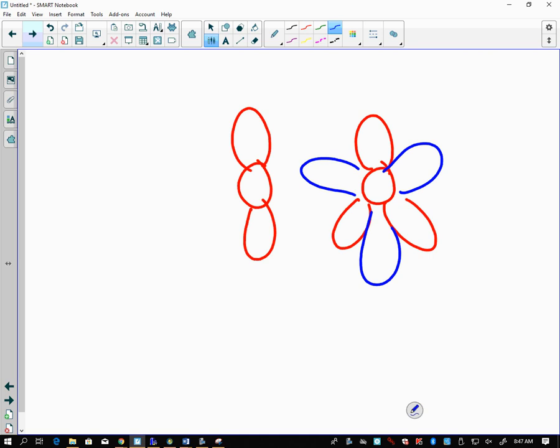I don't want red to map onto blue. That's not the same thing. That doesn't map. It stays the same. So just because there's more petals, if those petals are different colors, I need the same color to map onto itself, not onto a purple petal. You follow me? So in this case, it's 120 degrees. You follow me? All right, so that's rotational symmetry.